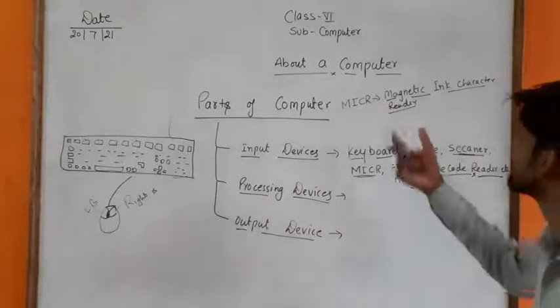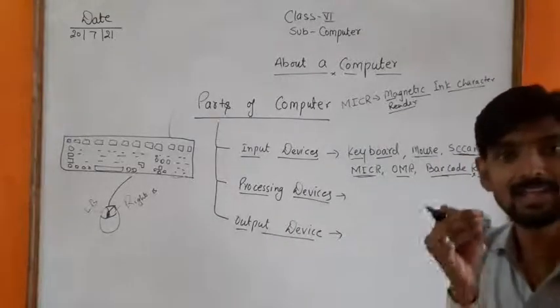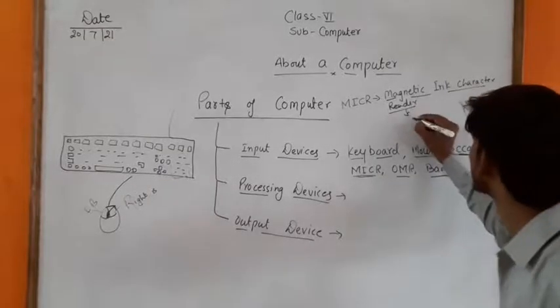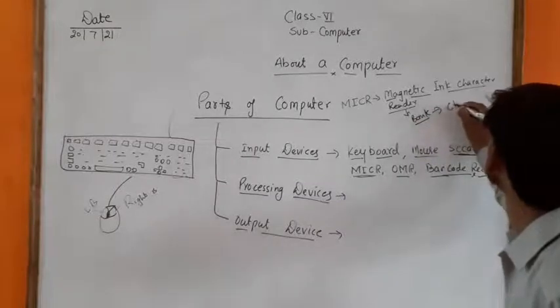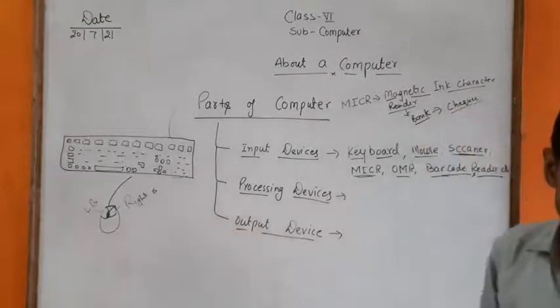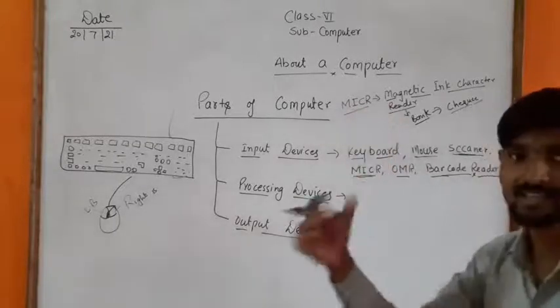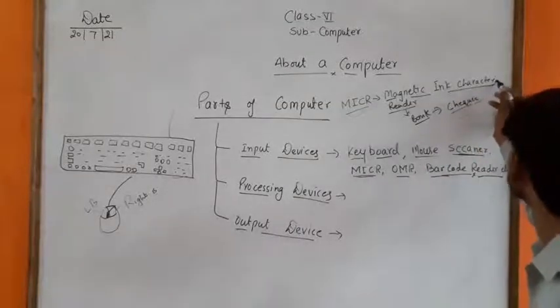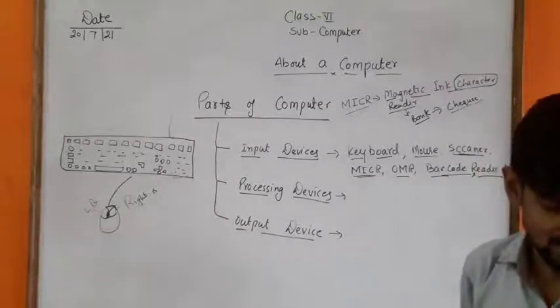So what is the function and where is it used? MICR is a special ink character reader which is mostly used in banks. It is printed on the cheque in a special ink, and the device senses that ink and the printed characters, which carry lots of information related to your account.